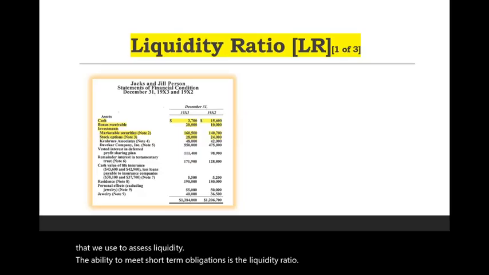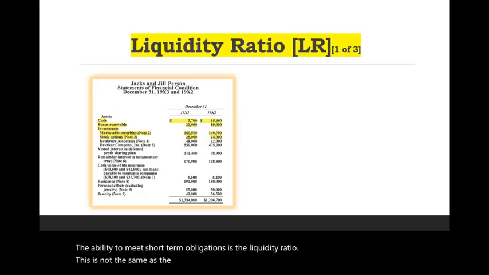This is not the same as the liquidity ratio that we use for a business. This one is simply saying what percentage of your total assets, the assets of the guarantor or guarantors, would you consider to be liquid?